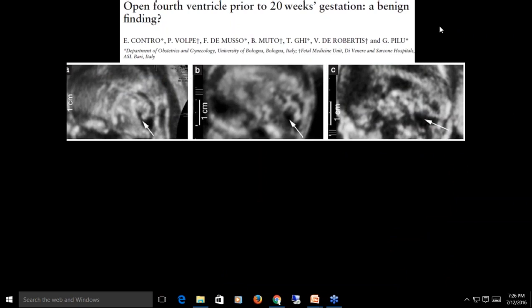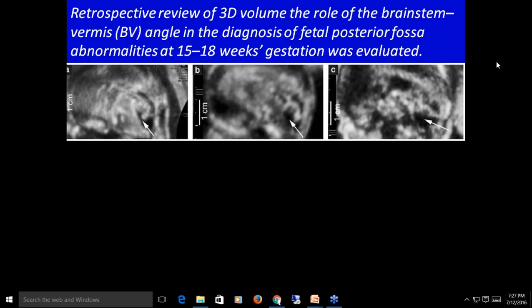As we spoke earlier about the closure of the vermis, occasionally when we are scanning, we see that there is a connection. So in this paper of Condro et al., they asked the question, is an open fourth ventricle prior to 20 weeks gestation a benign finding? In this retrospective review of 3D volumes, the role of the brainstem vermis angle in the diagnosis of fetal posterior fossa abnormality at 15 to 18 weeks was evaluated.